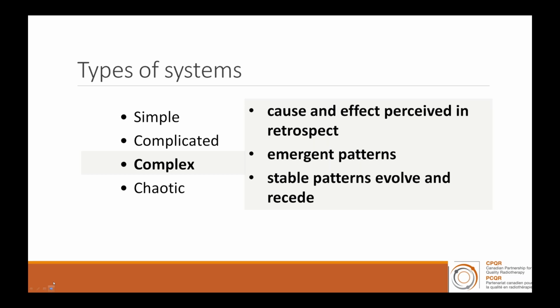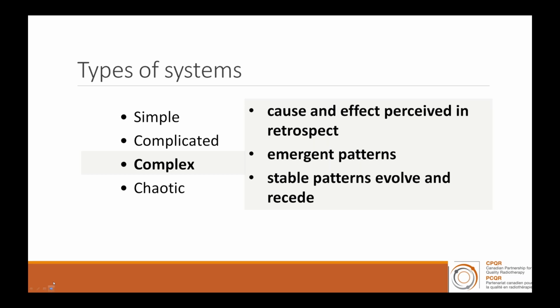Because we all work in quite large radiation therapy departments, we work in complex systems. Our systems have complicated subsystems, but the whole system at the level of our radiation oncology departments is a complex system, where cause and effect sometimes are perceived only in retrospect, and where patterns emerge and recede over time.